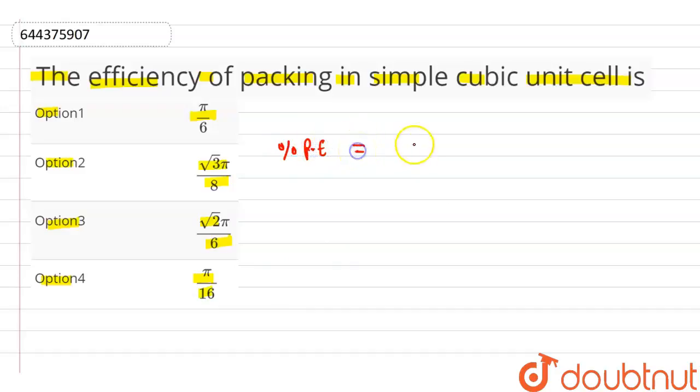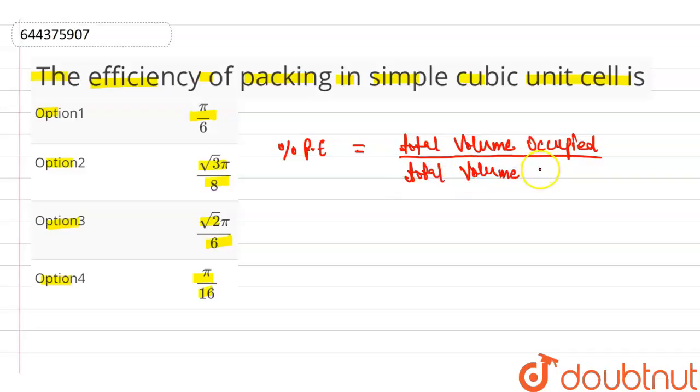Now firstly we know about what is the formula of packing efficiency. The packing efficiency is equal to total volume occupied upon total volume available, multiplied by 100.